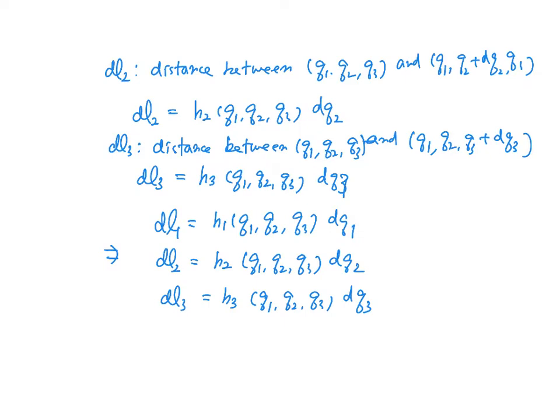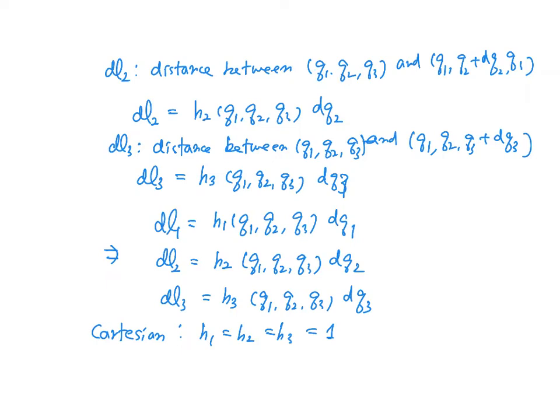So for example, in the Cartesian coordinate, h1, h2, h3 are all 1, right? In the Cartesian coordinate, the distance between two different points is just dx, dy, dz. So in this case, h1, h2, h3 are all equal to 1.